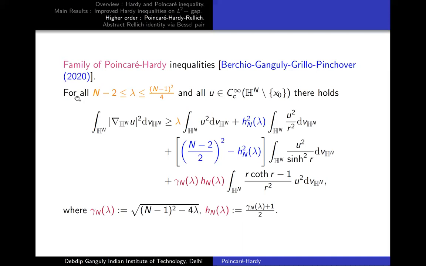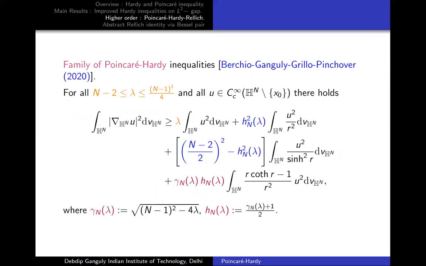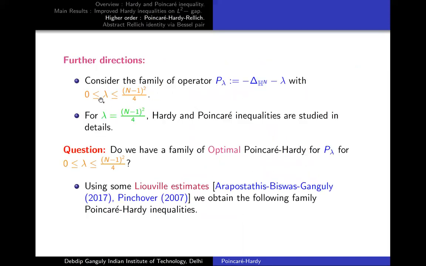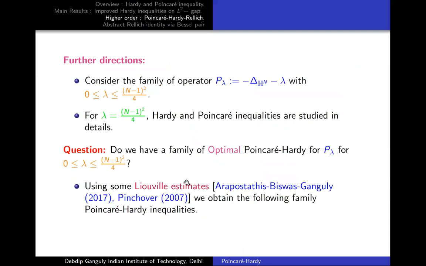There is some technical reason we can't go up to 0. But we have a family of Hardy inequalities for any lambda between these, and this has been studied with Berchio, Grillo and Pinchover. Of course, this Liouville type estimate is crucially needed.